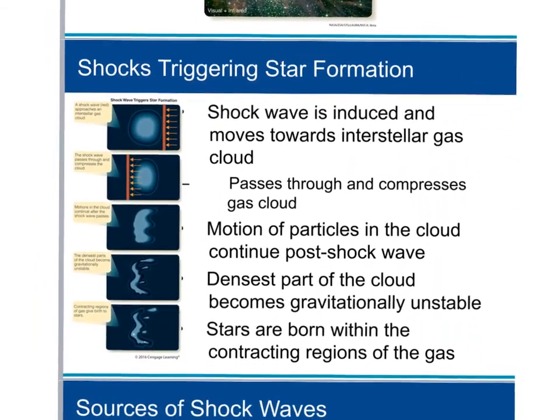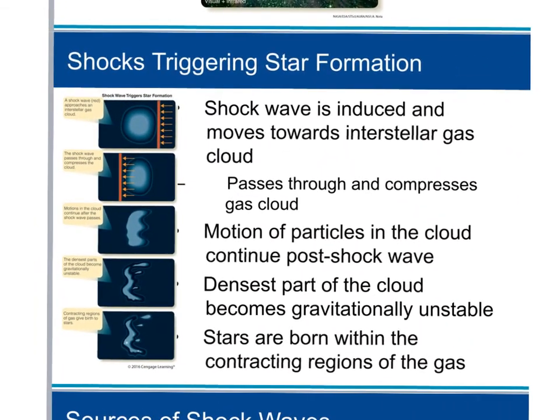Often that external event is some kind of a shock, and a shock wave is induced, and that wave moves towards the interstellar gas cloud. In this case the shock wave is wind, but it could be any number of things.